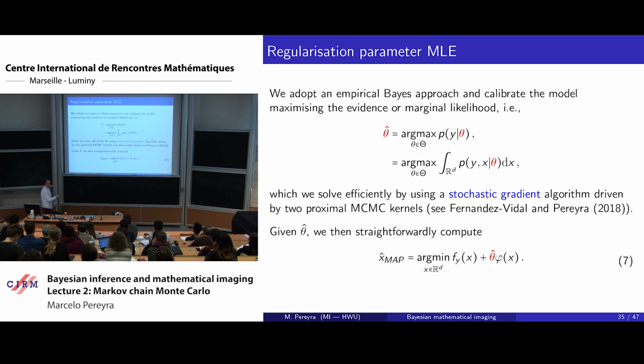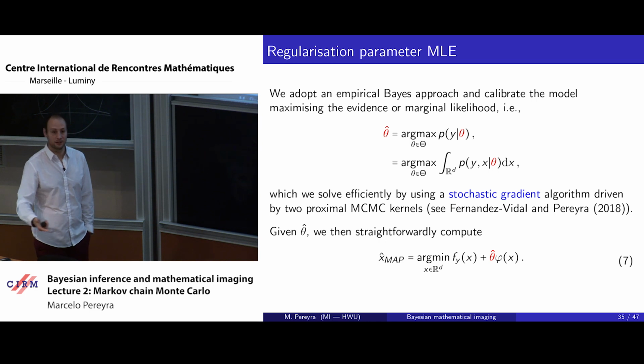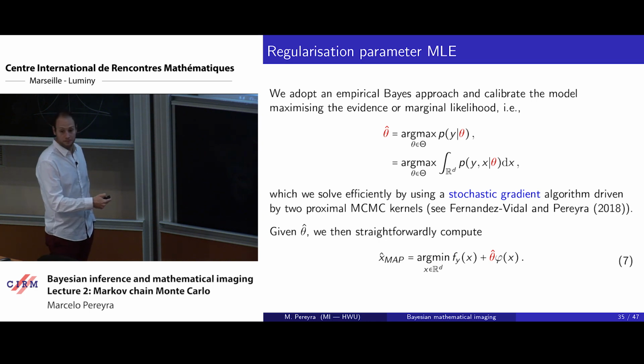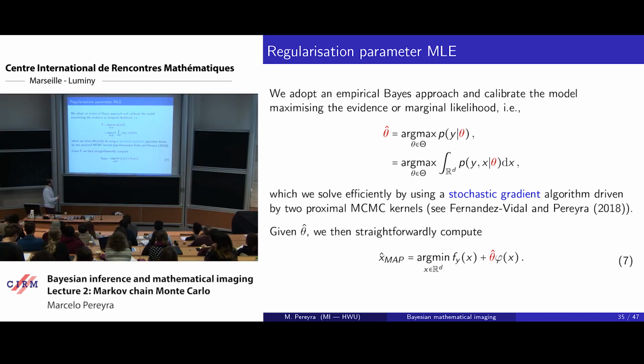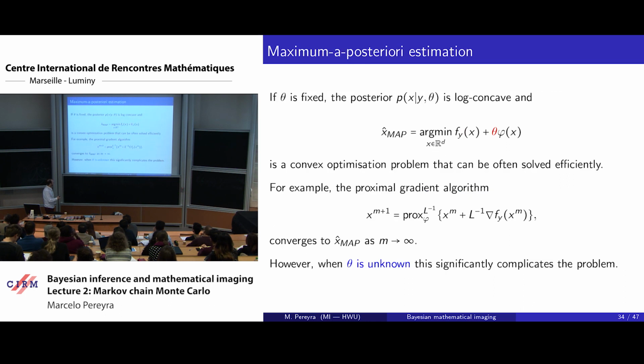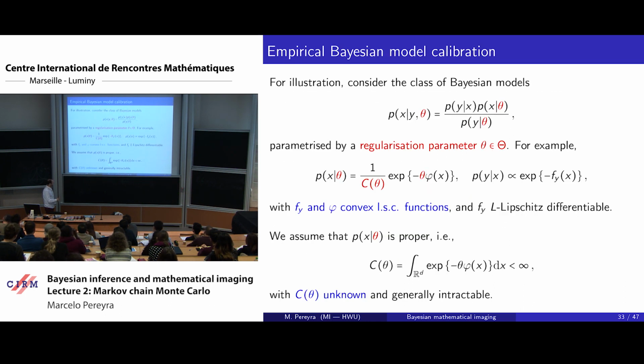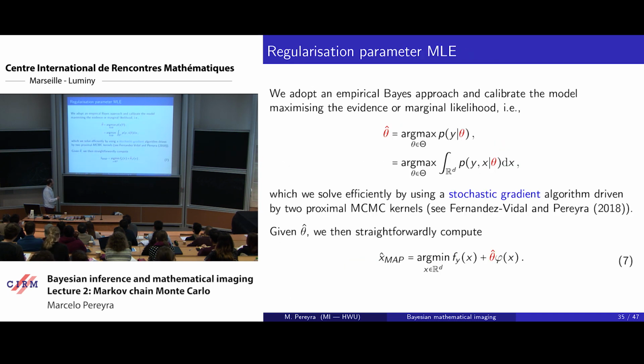But maximizing this innocent optimization problem in dimension 2 is extremely difficult because this function you want to maximize is untractable. So you can't just take the gradient or the logarithm and the gradient because this is not something you know. And it is untractable at many levels, because of this integral, and inside what's hiding is this other integral that is also untractable. So it's full of untractable elements.